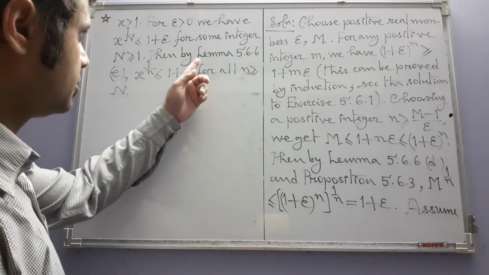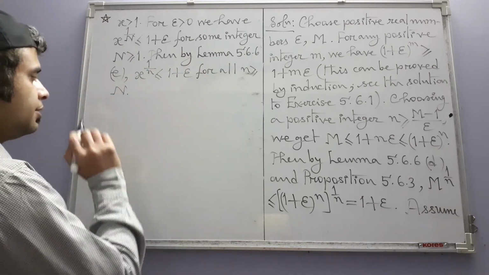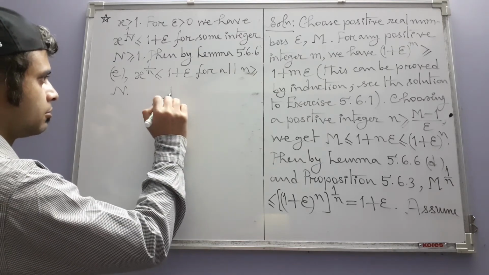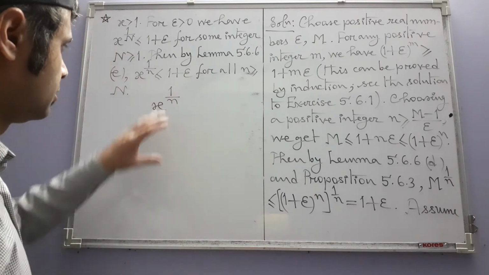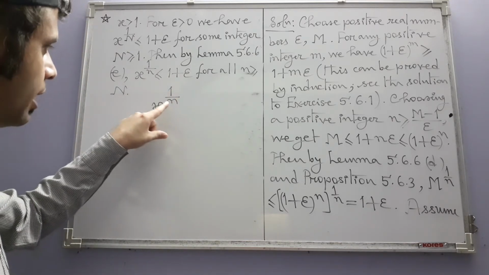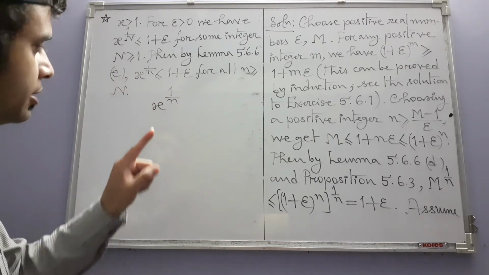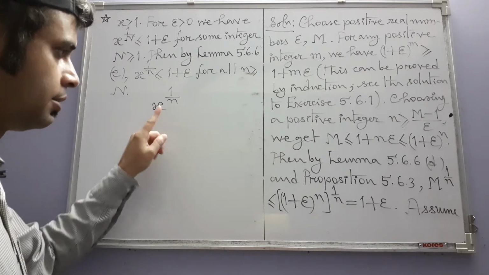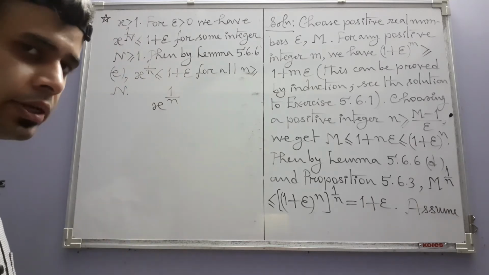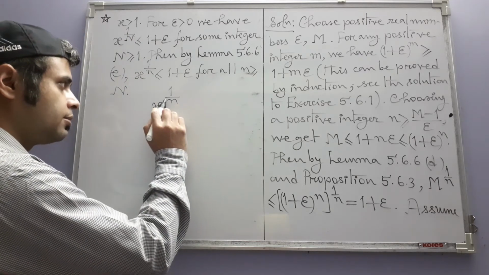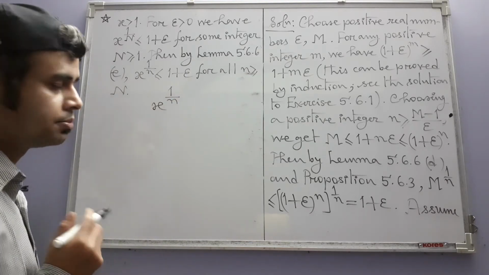Why that is so? It is because by this part E of lemma 566, if you increase the n here, then this thing decreases. The larger you have n, the smaller it becomes. Keep in mind, this is not true for all positive x. This is true for only those x that are greater than 1. If x is less than 1, then increase in n increases this power, this nth root.